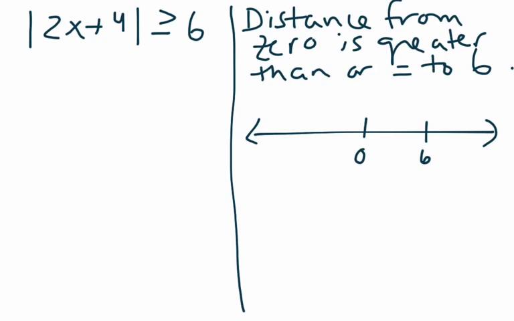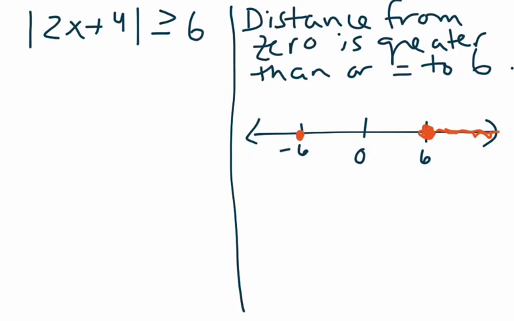So I'd be looking at these points out here, including the 6, because it did say equal to 6. But distance can work in either direction, and so we have going out to the left, this would be a distance equal to 6. And then if the distance is greater than 6, it means that I'm pushing further to the left.